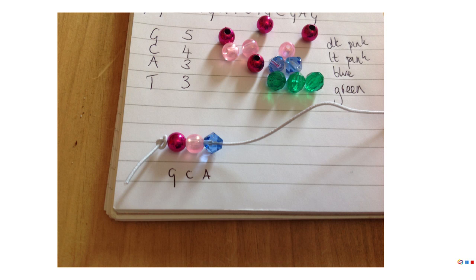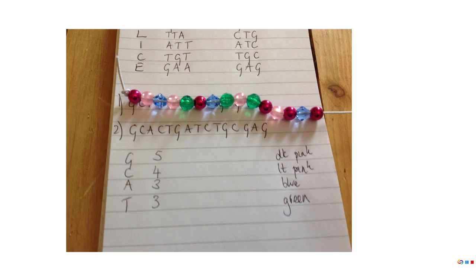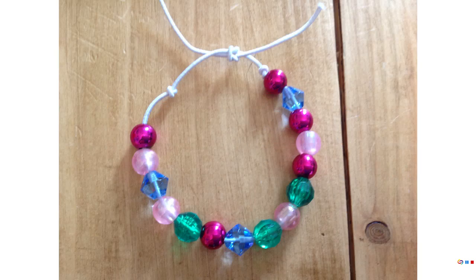And then I've just gone ahead and threaded on all the other beads, then double checked it against the sequence, and I've spelt my name in DNA. And then all I did was I tied a knot at the other end of the beads to stop them moving around too much, and then tied a knot to keep the 2 ends together, and there's my bracelet with my name spelt in DNA.